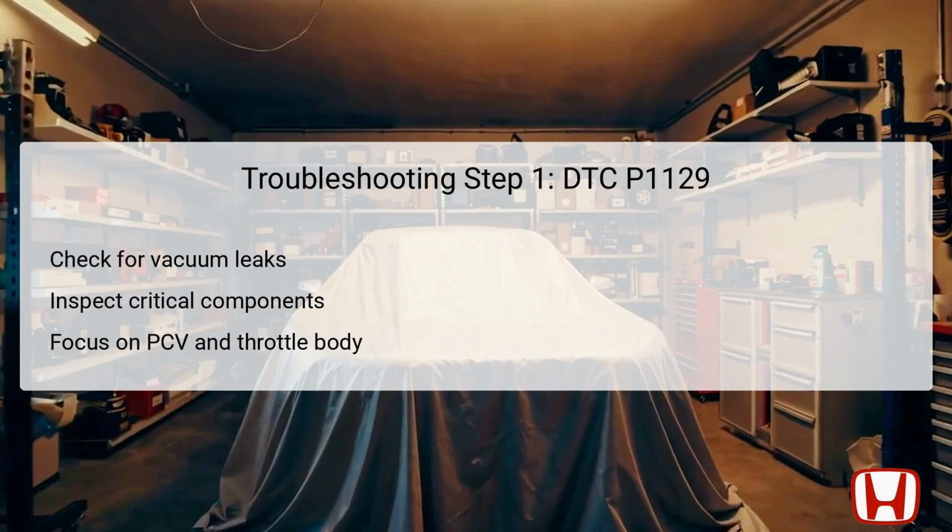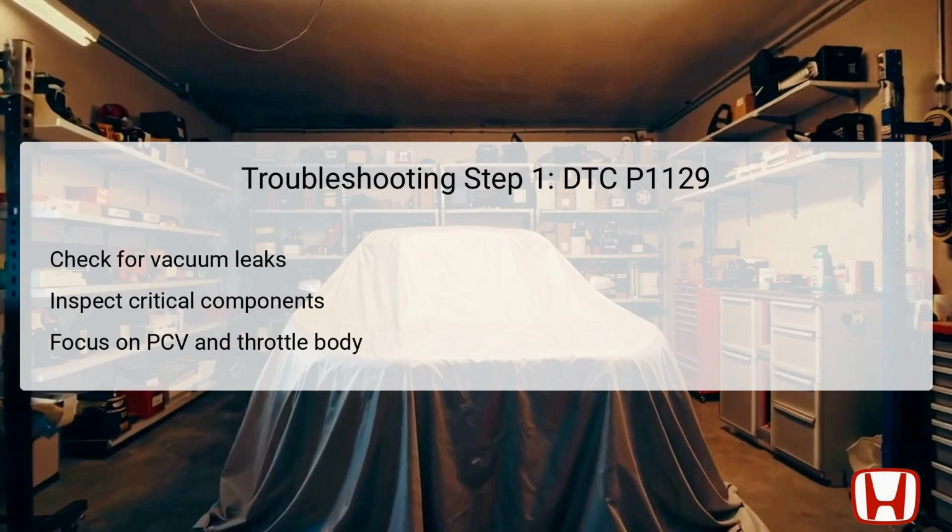Inspect the hoses and connections for signs of wear or disconnection. If a vacuum leak is identified, it is important to repair or replace the affected parts before proceeding with further steps. Failure to address these leaks may lead to incorrect readings by the MAP sensor and ongoing issues with the vehicle's performance.